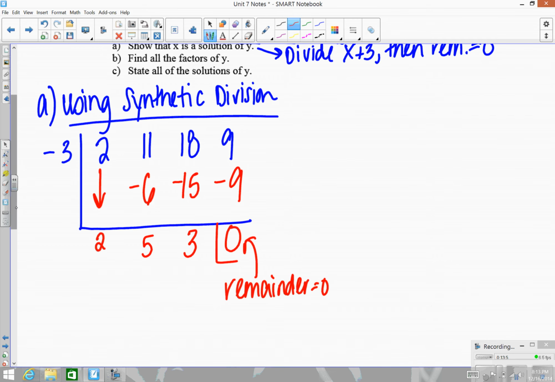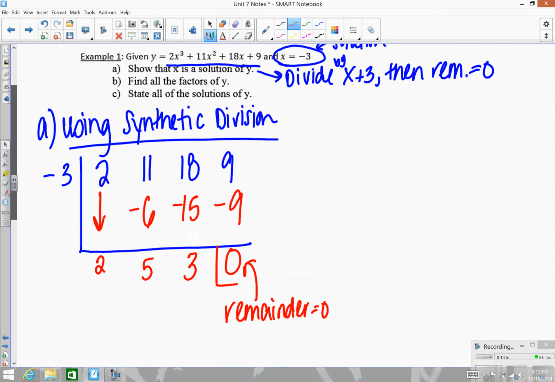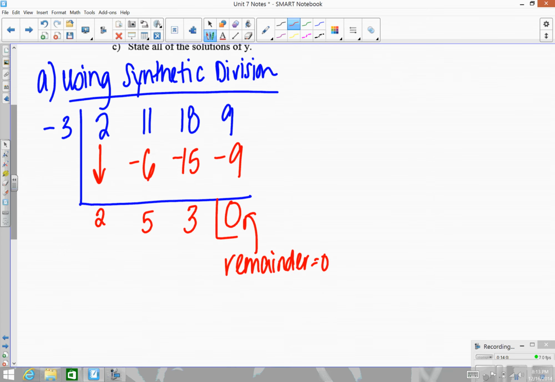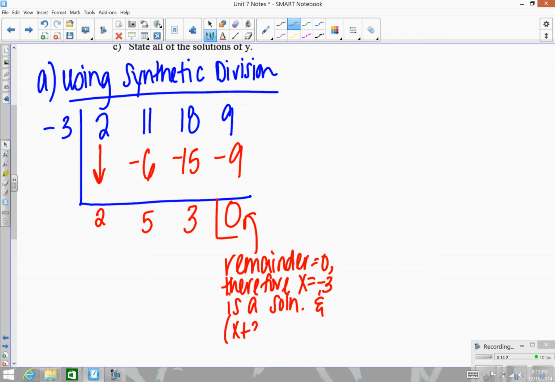Because if you divide by its factor, x plus 3, which is what we did, we got a remainder of 0. So if x plus 3 is a factor, then x equals -3 has to be a solution. We have remainder equals 0. Therefore, x equals -3 is a solution, and x plus 3 is a factor.